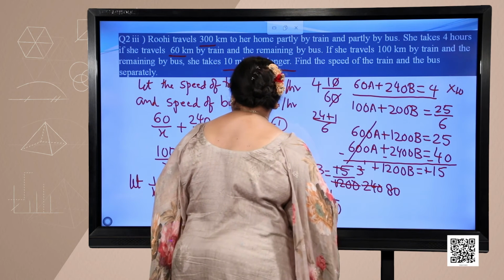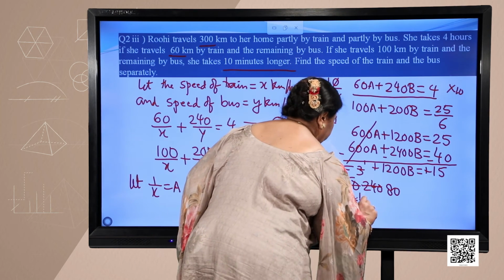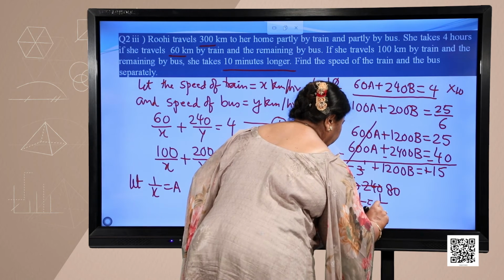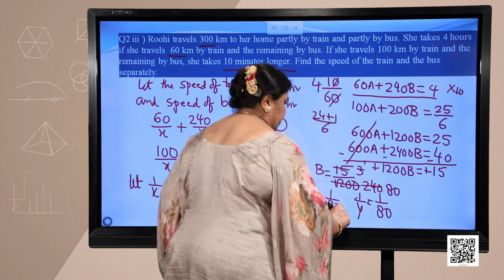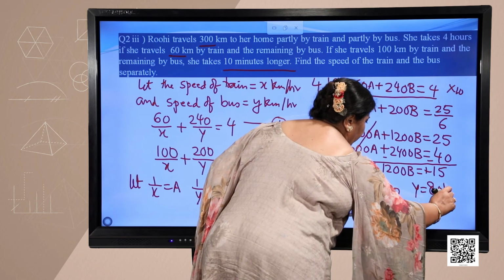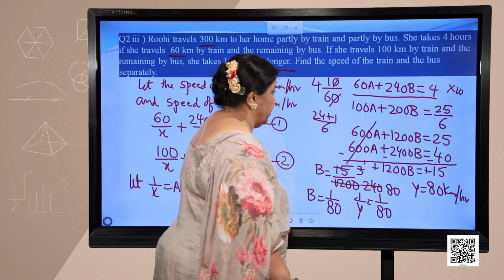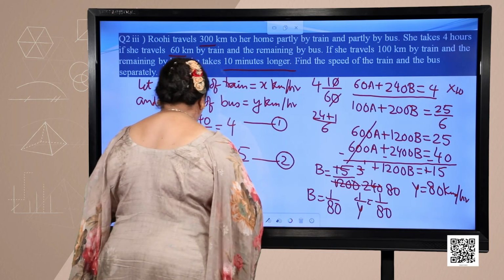We had taken b as what? 1 upon y. So, this is the speed of the bus. Speed of the bus is 80 kilometers per hour. Let us find out the speed of train now. Let me take any equation here.